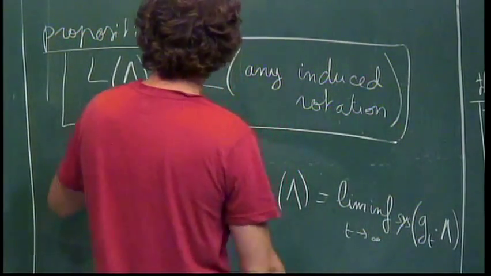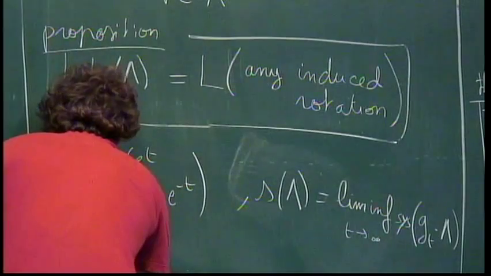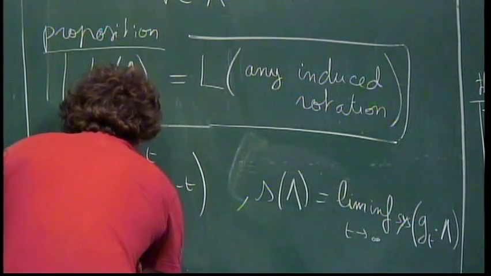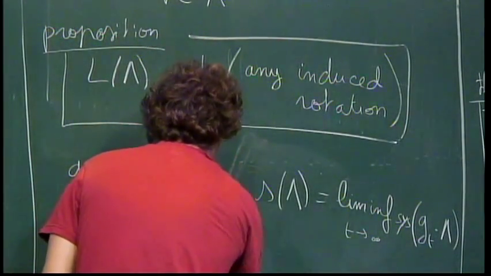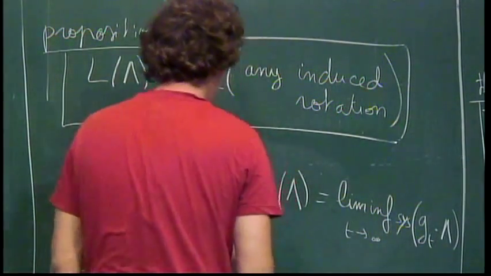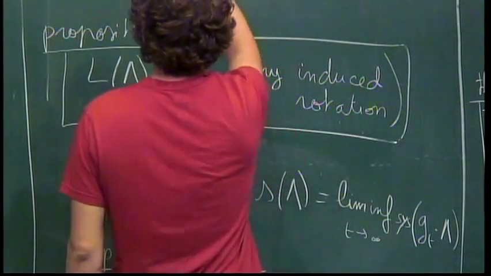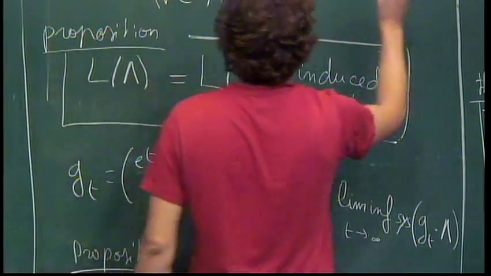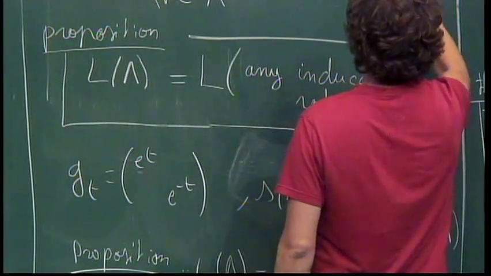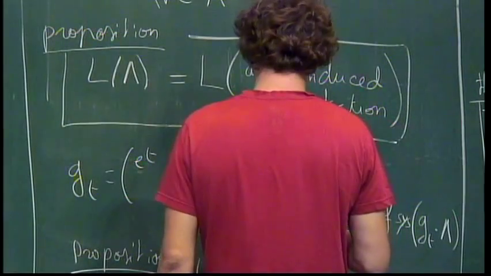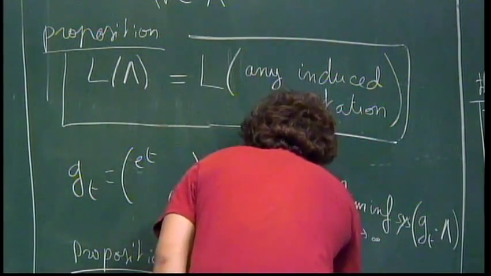And this S is actually related here. And so proposition: I think I need a -1 here. It's 2 over S squared.